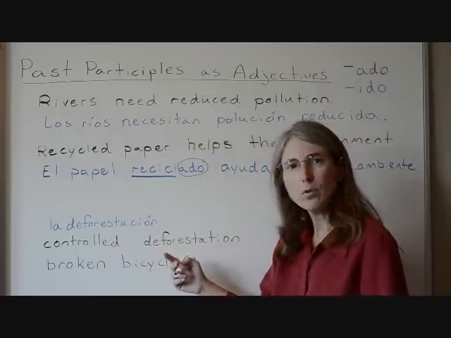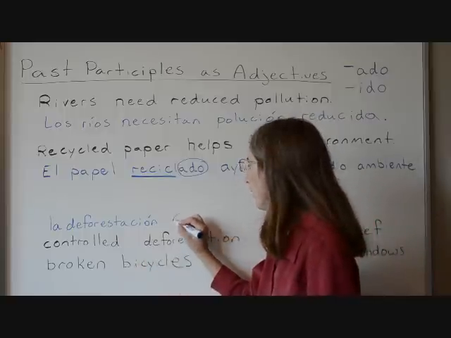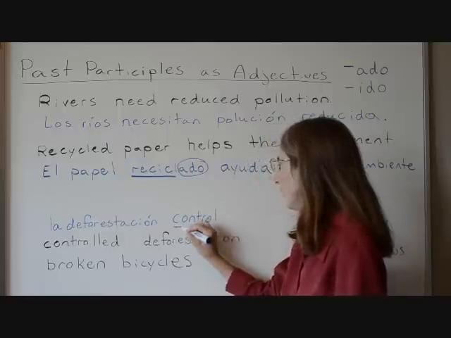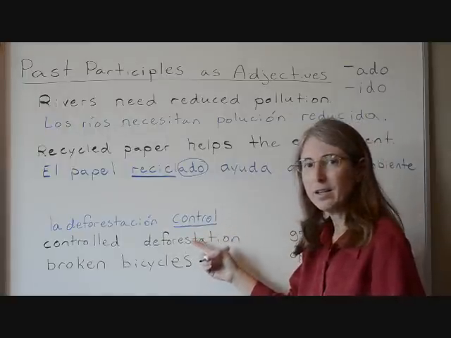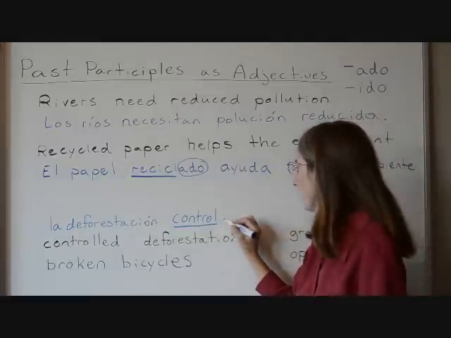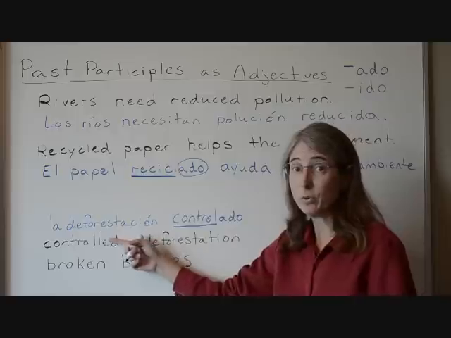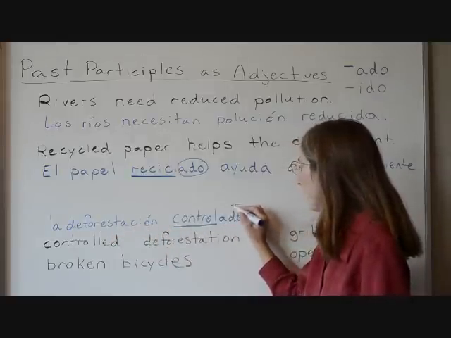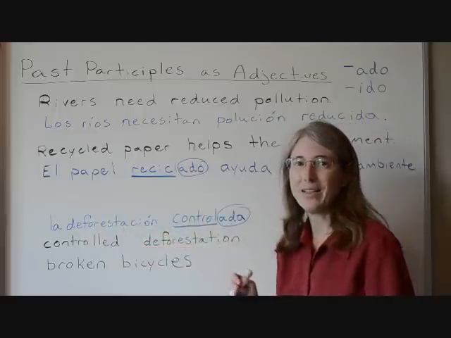In Spanish, that's controlar, so we'll put the verb stem. For controlar, we drop the AR and add the ending for the past participle, ado. But deforestación is feminine, so we have to say controlada. La deforestación controlada.